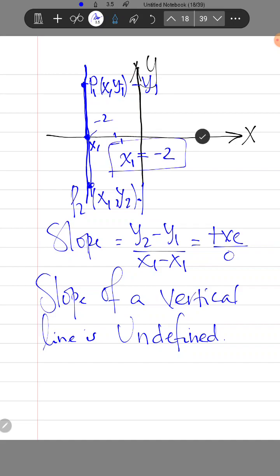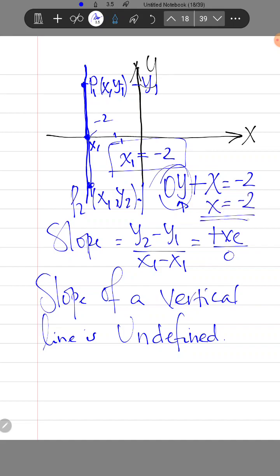The characteristic of this graph is defined by only x. Because y goes all the way up and down, it's just like 0y plus x is equal to minus 2. For any value of y, we have 0 here, so x equals minus 2 is the equation of this graph.